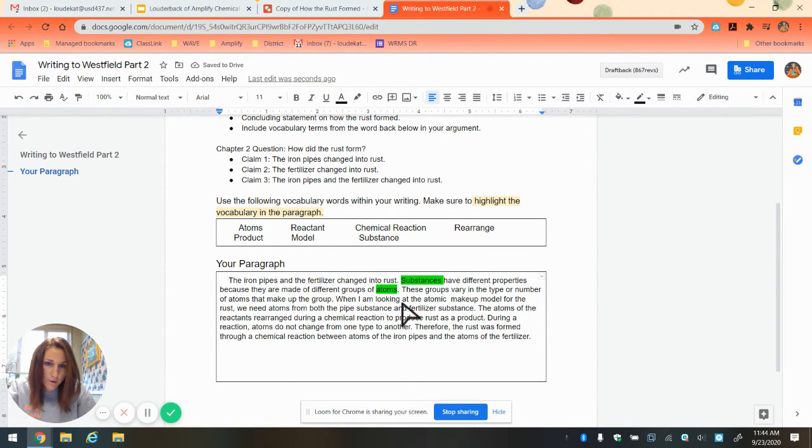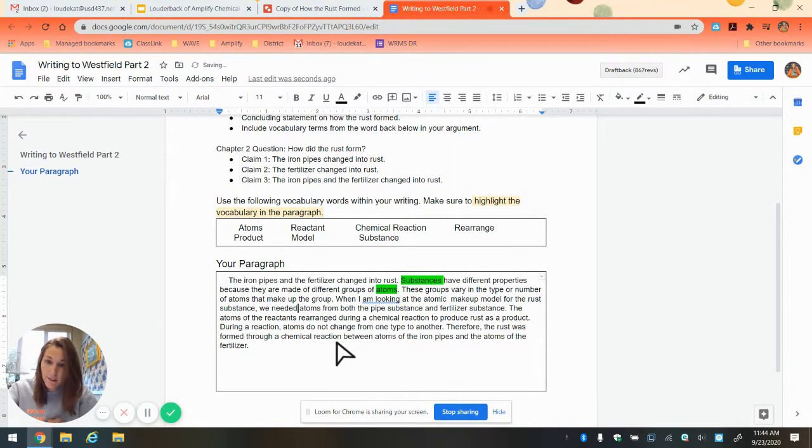All right, so when I'm looking at the atomic makeup model for the rust substance, we needed atoms from both the pipe substance and the fertilizer. Oh, I was looking at, there we go, perfect. Fantastic, so now I have that included, so there's model.